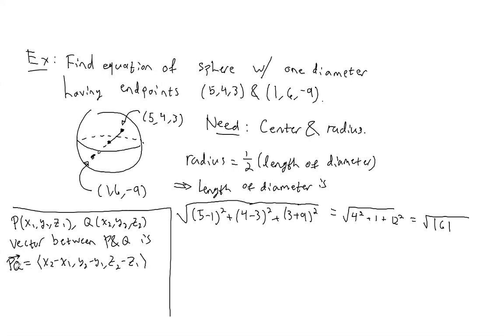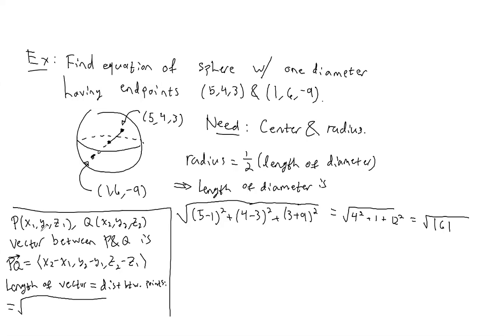The length of the vector is the exact same thing as the distance between the points. You can see that immediately. For the distance between points, you take x2 minus x1, y2 minus y1, z2 minus z1, square each of them, and take the square root.